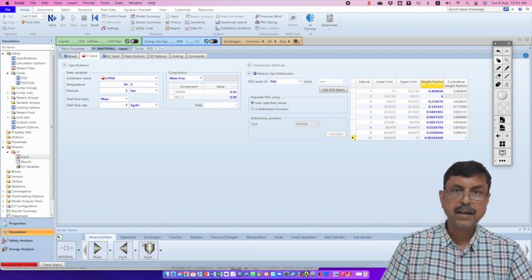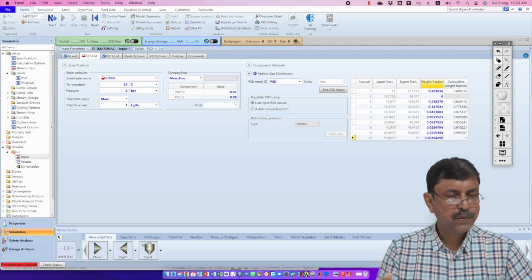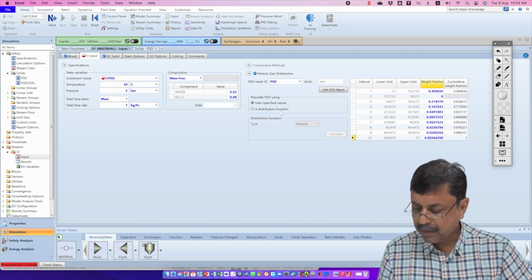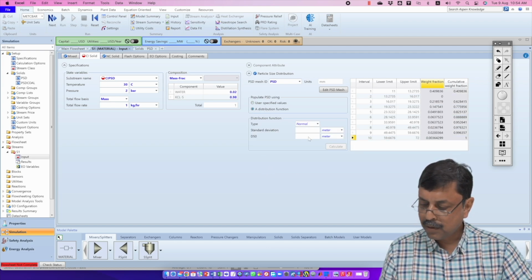Now, if you do not have any user specified value, if you want to key in some PSD function, okay, particle size distribution function, that is also possible, then you have to use the distribution function option over here. There they will give you the types.